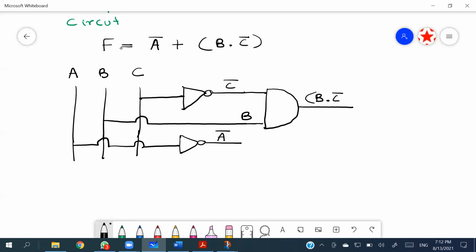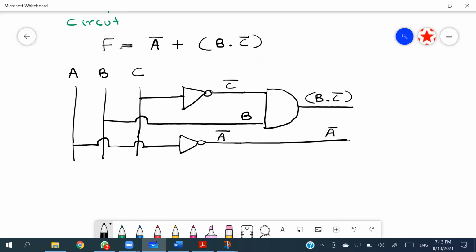Now we are done with A bar, and we have to deal with the plus. Plus means we need an OR gate. The OR operation happens in between who? In between A bar and this big term, B dot C bar. So we have B dot C bar over here, and we have A bar over here.